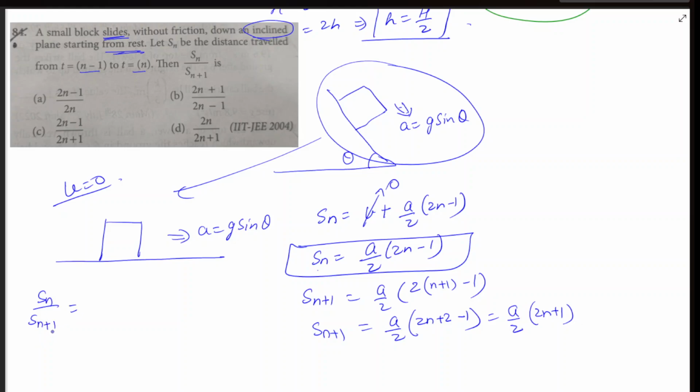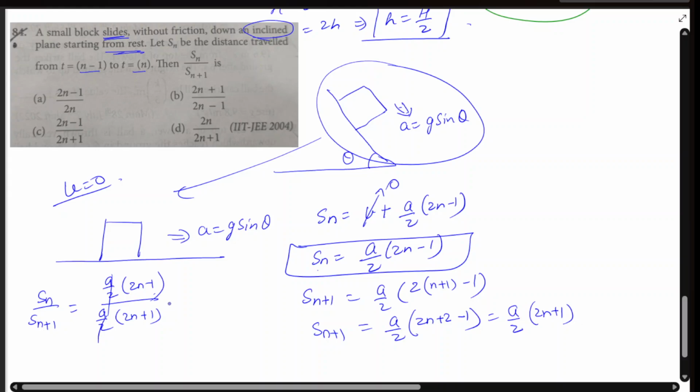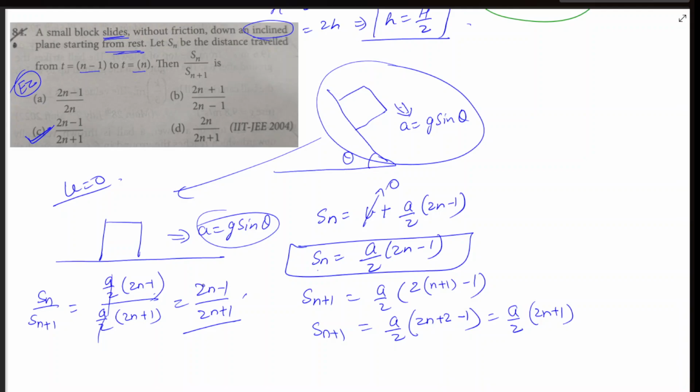So Sn divided by Sn plus 1 will be a by 2 into (2n minus 1) divided by a by 2 into (2n plus 1), right? So a by 2 cancels. We do not even need the acceleration. So (2n minus 1) divided by (2n plus 1) will be our answer. So this is again an easy question from equations of motion, right?